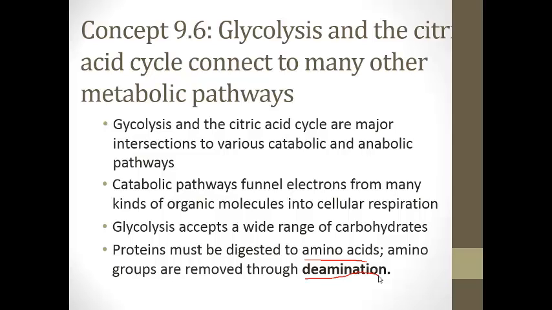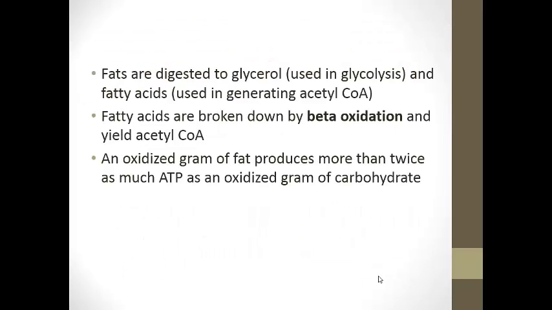Once this amino group has been removed, the resulting molecule could enter cell respiration at various stages. Fats can also enter cell respiration. If you remember, a triglyceride is made up of a glycerol and 3 fatty acids. That glycerol can be used in glycolysis, and fatty acids are broken down through a process called beta oxidation.